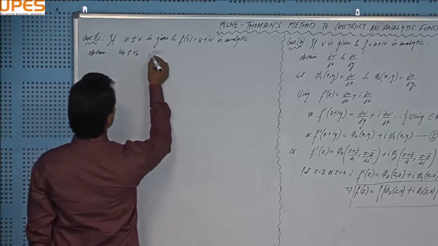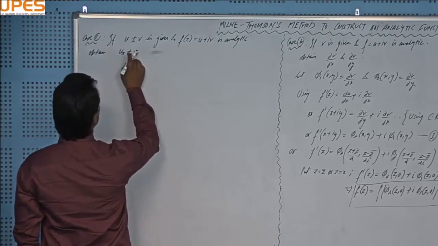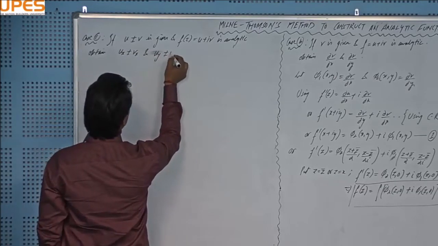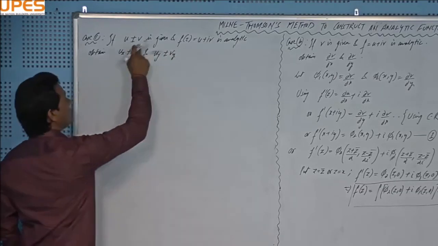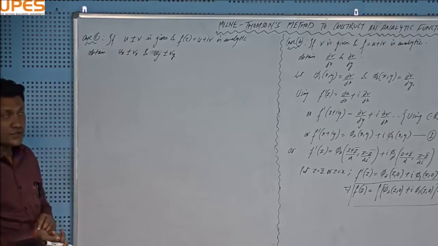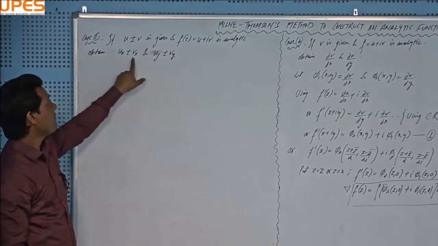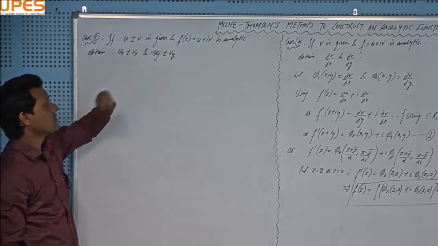And use CR equations. And one more thing, del u over del y plus minus del v over del y. You will differentiate this relation with respect to x once, and then with respect to y the second time. Then you will have two relations, one is this one and the other is this.